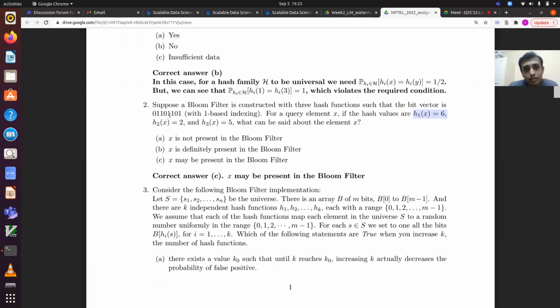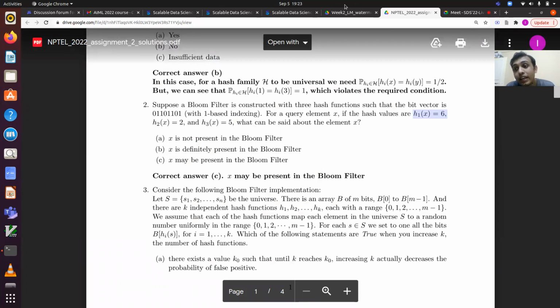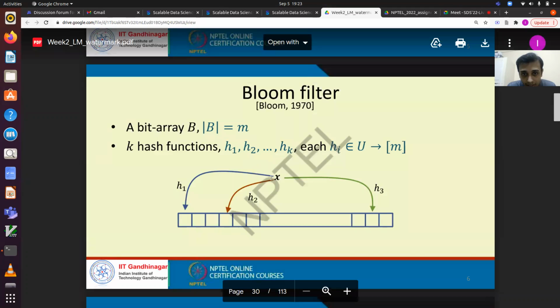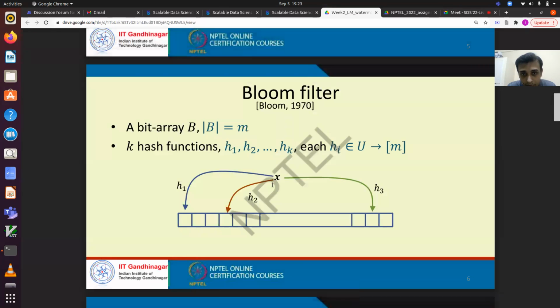So basically, the meaning behind H1 of x being 6 is that it's looking at position 6. Okay, this is the position. The diagram is clear, right? Whatever the value of x and whatever hash function H1 is, it's getting a value of 6, which maps to, in this diagram, the 4th position.